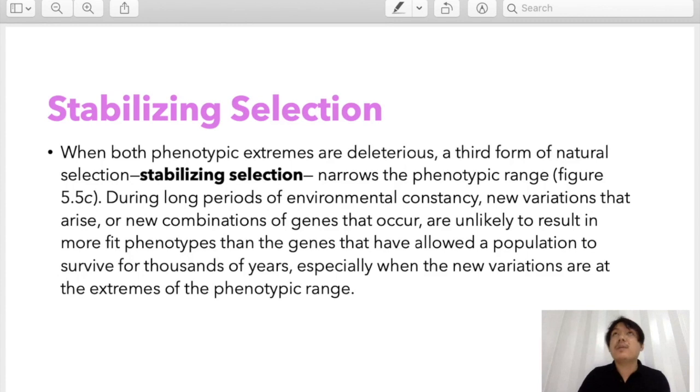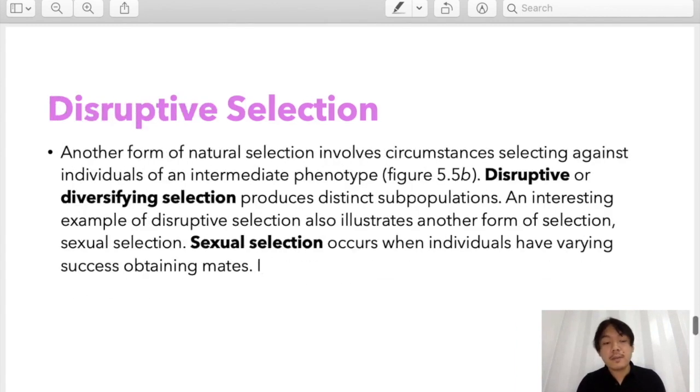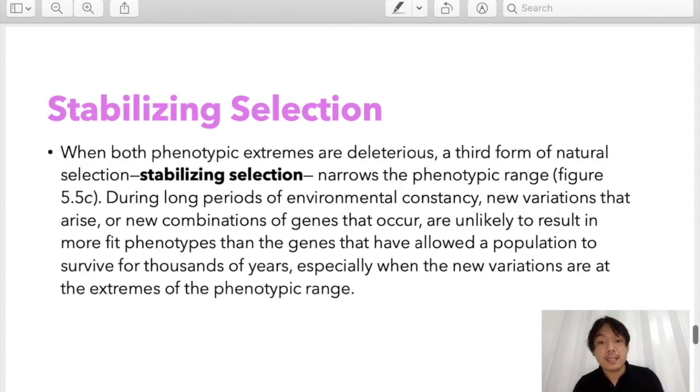During long periods of environmental constancy, new variations and new combinations of genes are unlikely to result in better phenotypes than the genes that have allowed the population to survive for thousands of years, especially when the new variations are at the extremes of the phenotypic range. So the first is directional, then disruptive, and stabilizing.